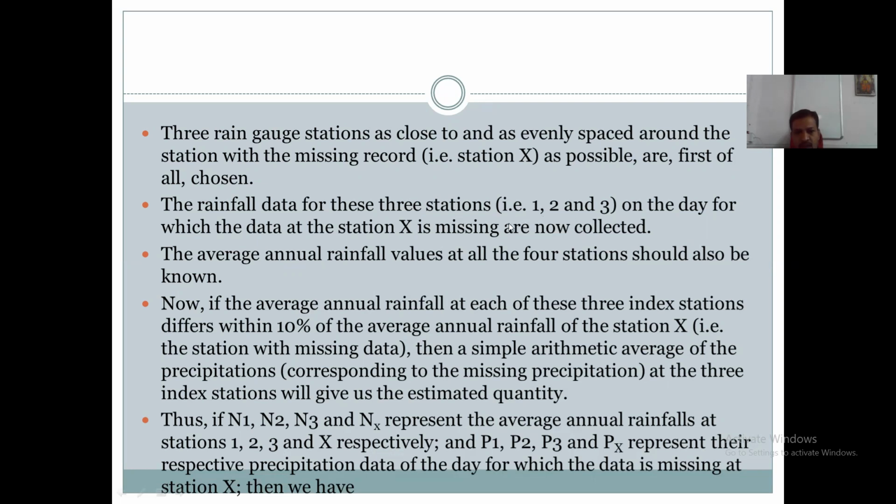Rainfall data of stations 1, 2, 3 is available on that day, and for the missing station X, that data is to be calculated. So the average annual rainfall values at all 4 stations should also be known. The average annual rainfall of all the stations should be recorded.